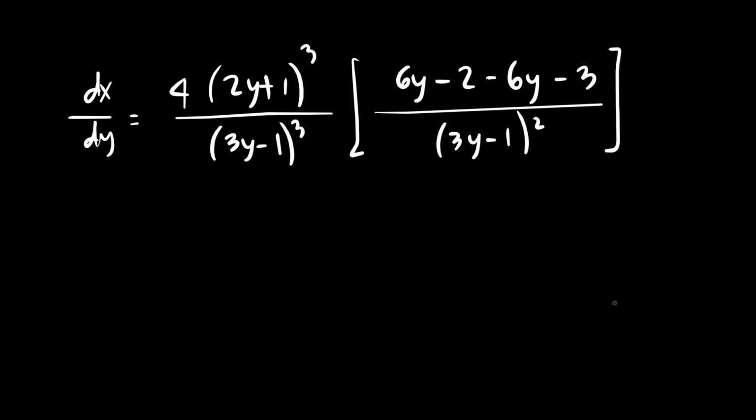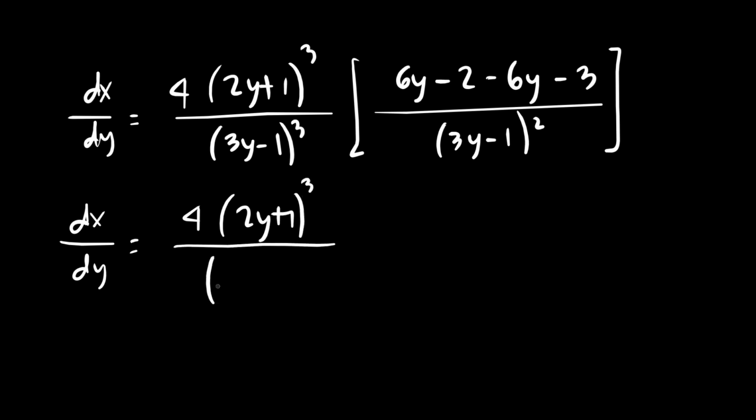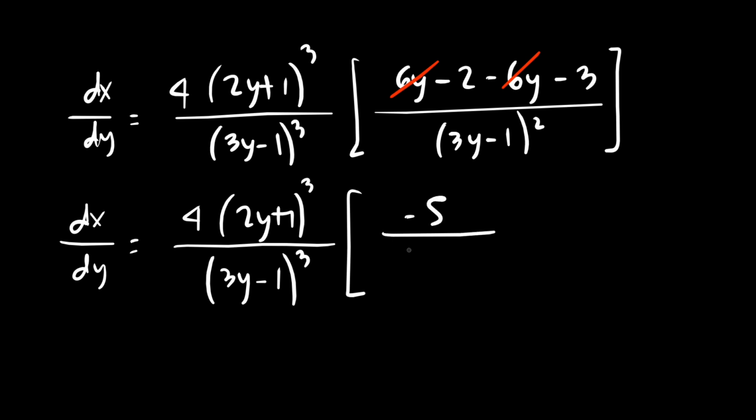So after this one, we will simplify further. dx over dy is equal to, so just copy again, all over 3y minus 1 cube. So we have 6y minus 6y, so we'll cancel. So the remaining will be negative 5 all over 3y minus 1 squared.